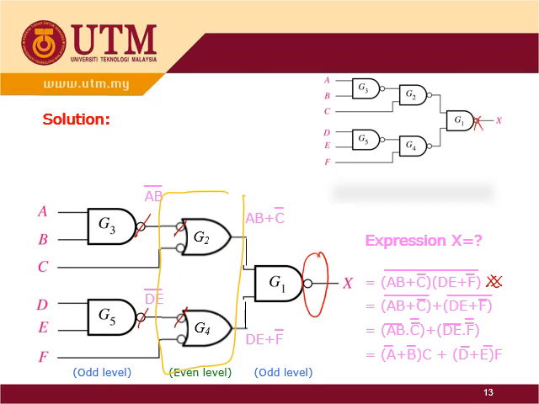Okay, so the best way is to choose the level of your last gate. Then you straight away get the answer like the previous example. In this example, when we change even level, you have to do extra steps.